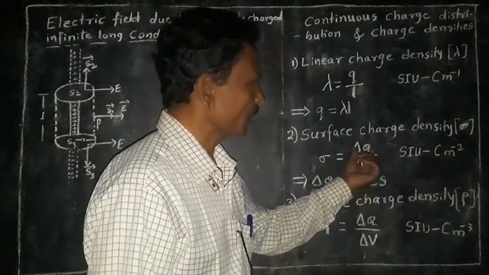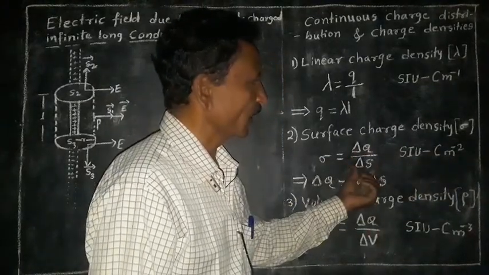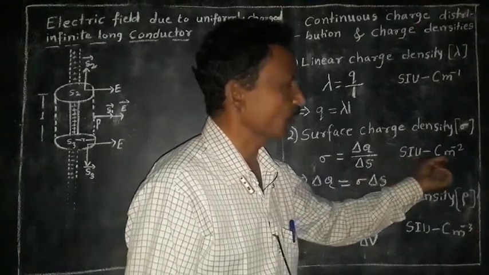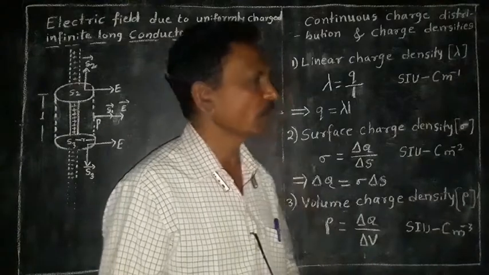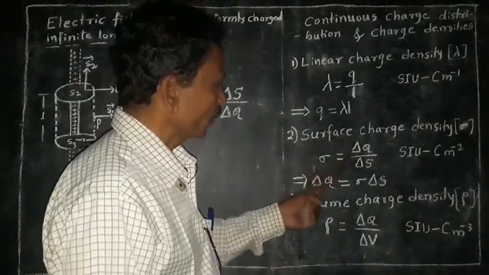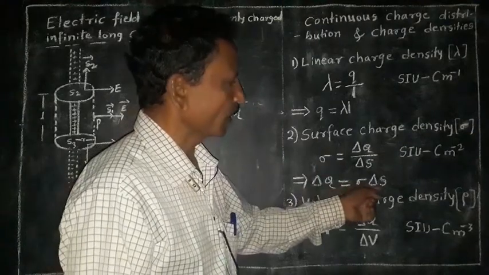The unit of charge is coulomb, the unit of area is meter square, hence the unit of surface charge density is coulomb per meter square. And here delta Q equal to sigma into delta S.